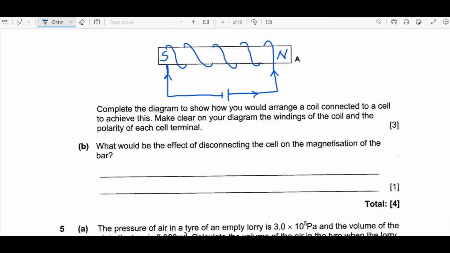Then let's look at question B. What would be the effect of disconnecting the cell on the magnetization of the bar? So we say the bar would start to lose its magnetism.